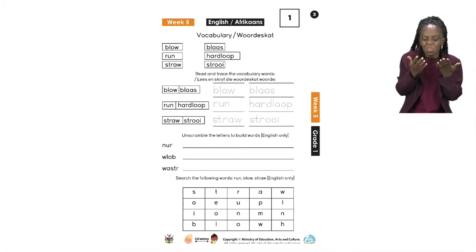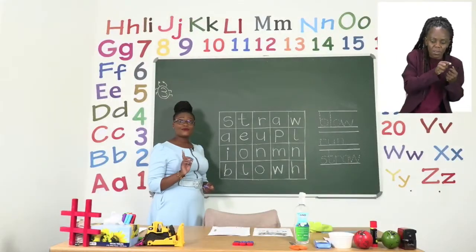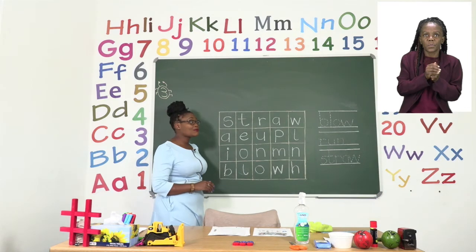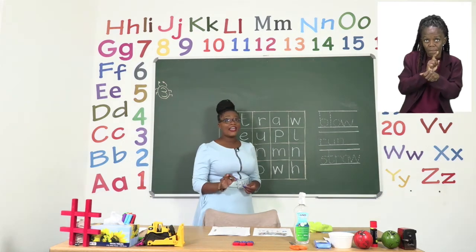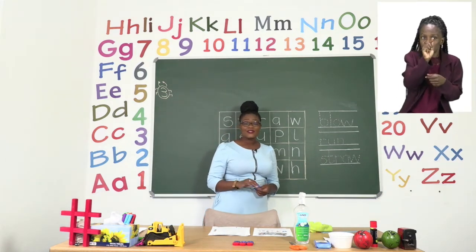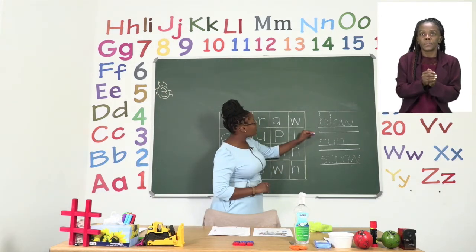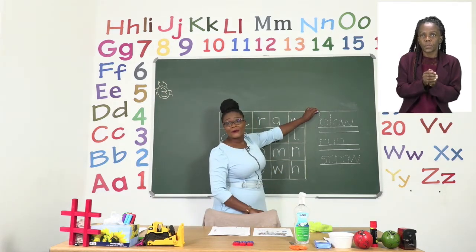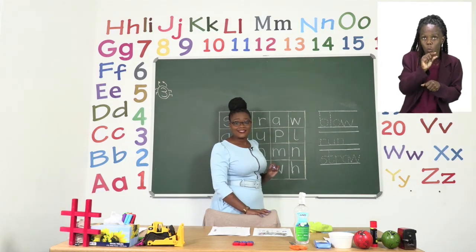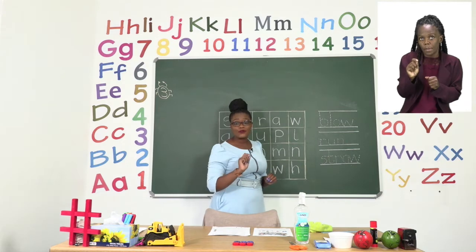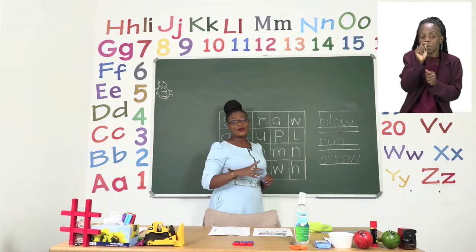Let's take a look. The first one we're going to do is the tracing exercise. Remember, each line must be traced so that you'll be able to spell the word correctly. We have the word blow and we are going to trace it. Please take your pencil and do it in your booklet whilst I do it on the board.